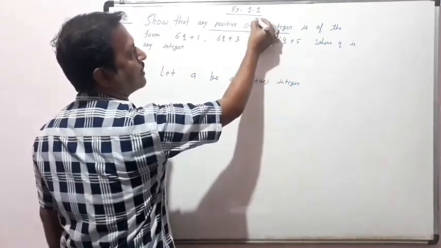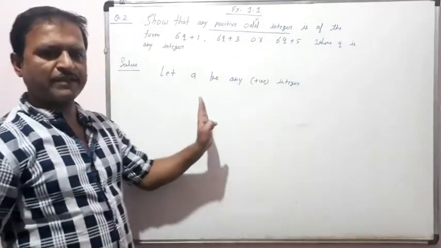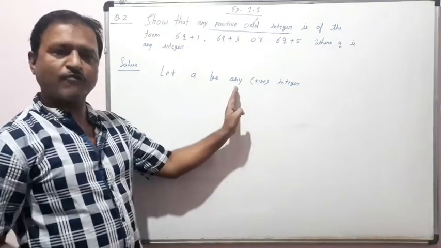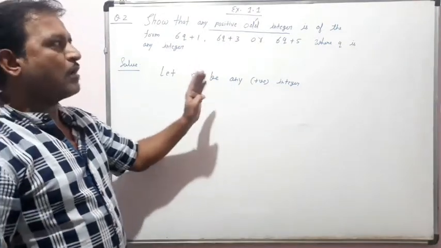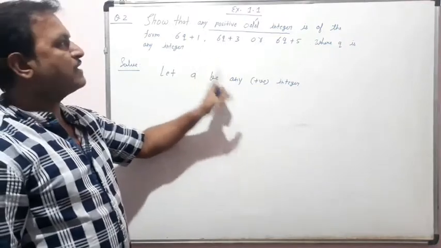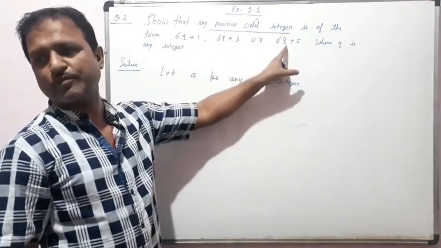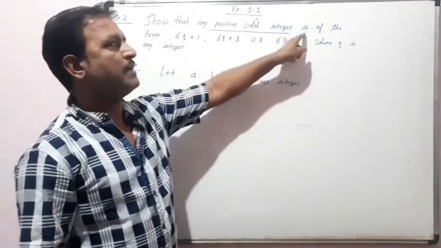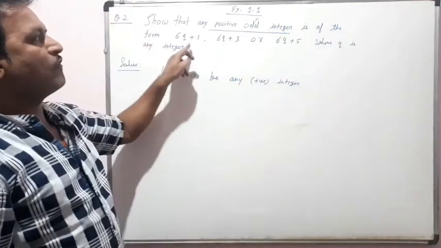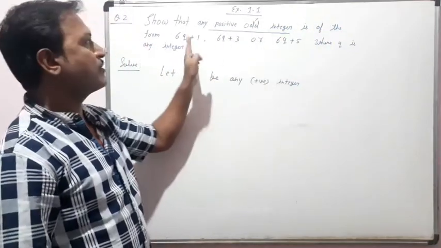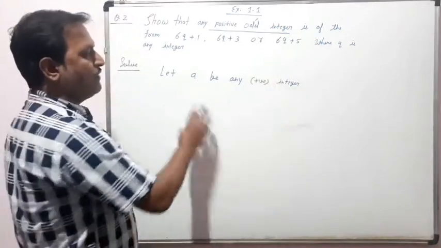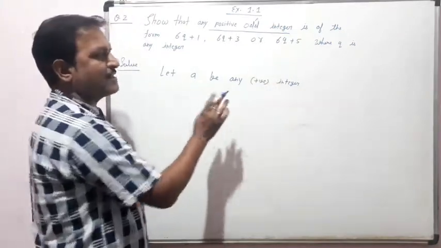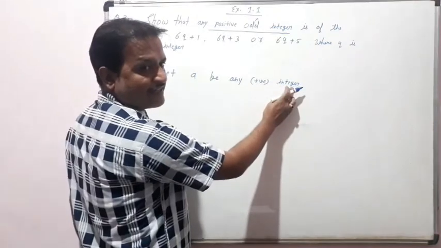Don't take an odd one, just a positive integer. Positive integers are of two types, even and odd. We have to show that the odd integers will be in this form, that is 6q plus 1, 6q plus 3 and 6q plus 5. So in the beginning we are taking a as just a positive integer.